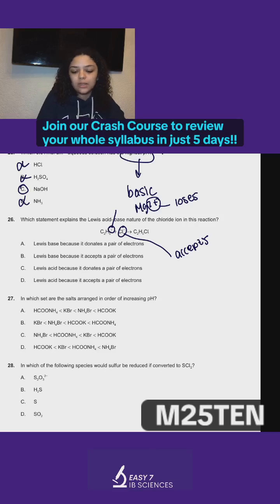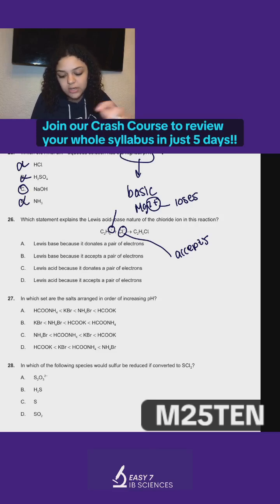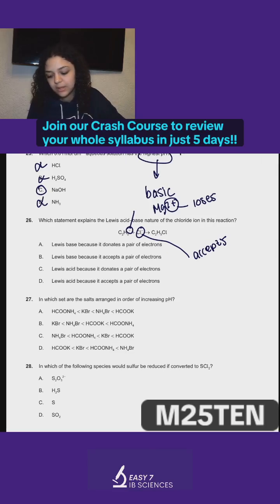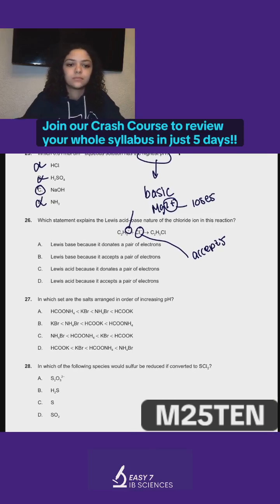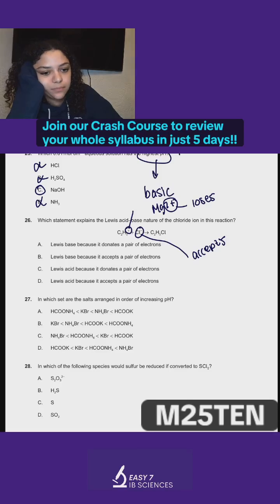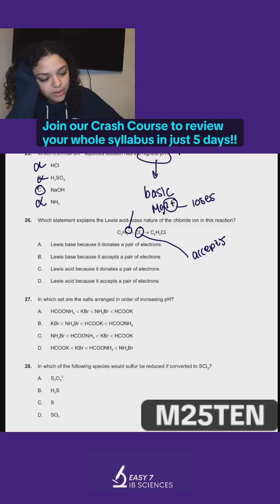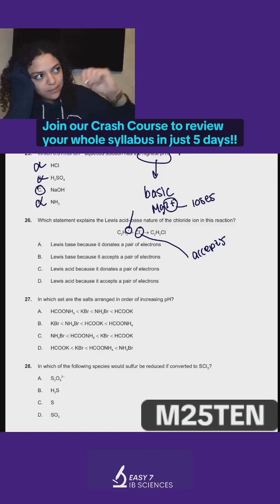Exactly, nice. So we can think of it like this. Does a Lewis base donate or accept a pair of electrons? What are we thinking, guys? Donates, exactly, very good. The way I like to think of it is that a Brønsted-Lowry acid donates a proton, so this time the base donates, if that helps you guys.